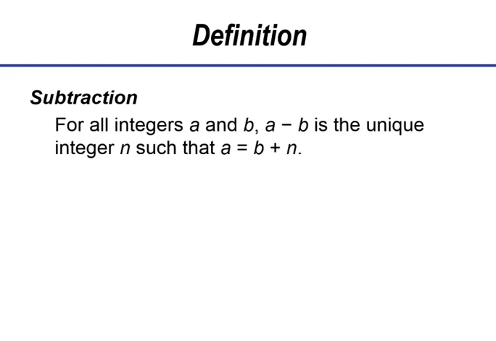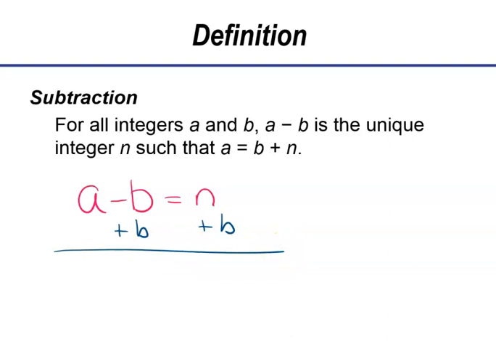Now, algebraically, a way to think about that, and I believe this helps me a lot, is to write down exactly what this says. So if a minus b is equal to n, and we add b to both sides of the equation, remember that's a property of equality we learned at the end of the last video, then a is equal to b plus n.